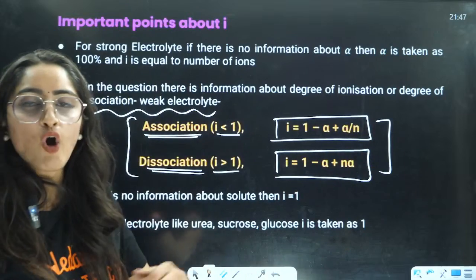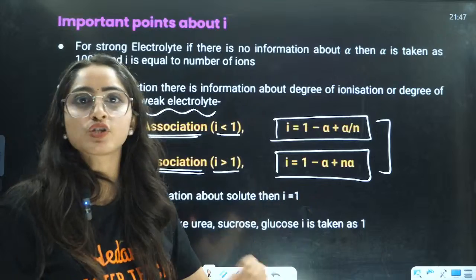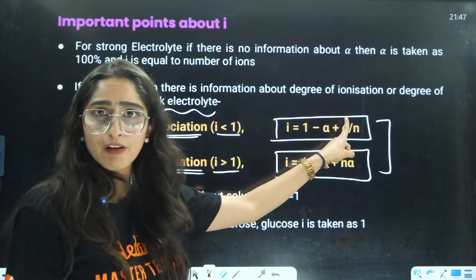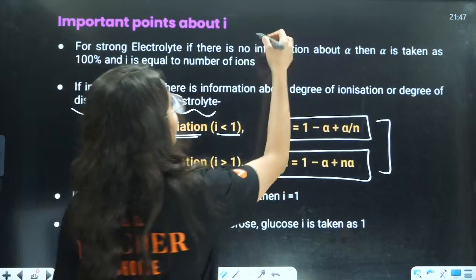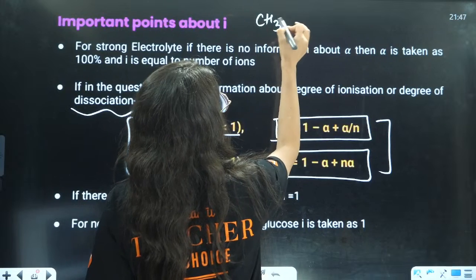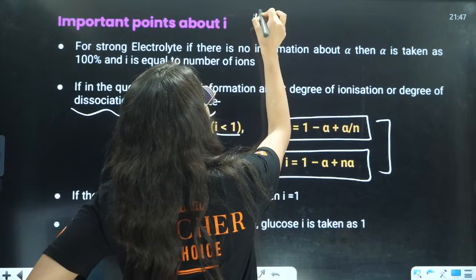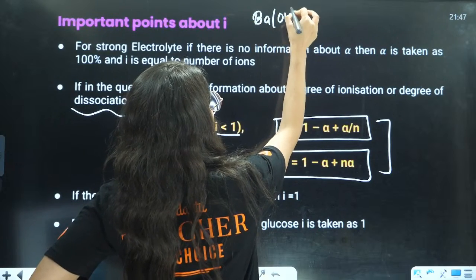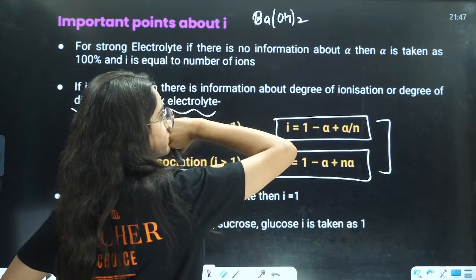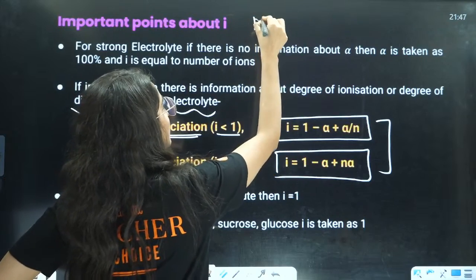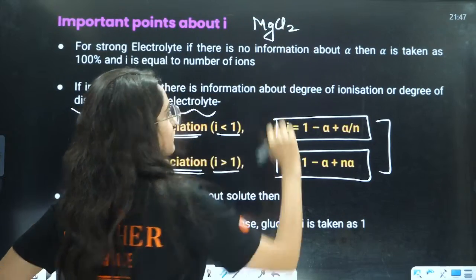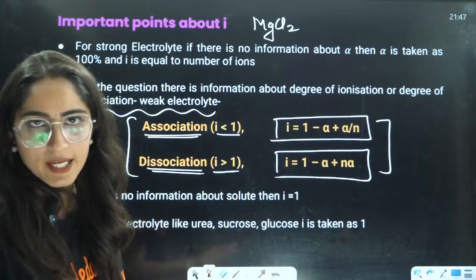Whenever they talk about a weak electrolyte, they will give you some value of alpha, and you will put the value of alpha. For example, let us talk about MgCl2, a weak electrolyte.